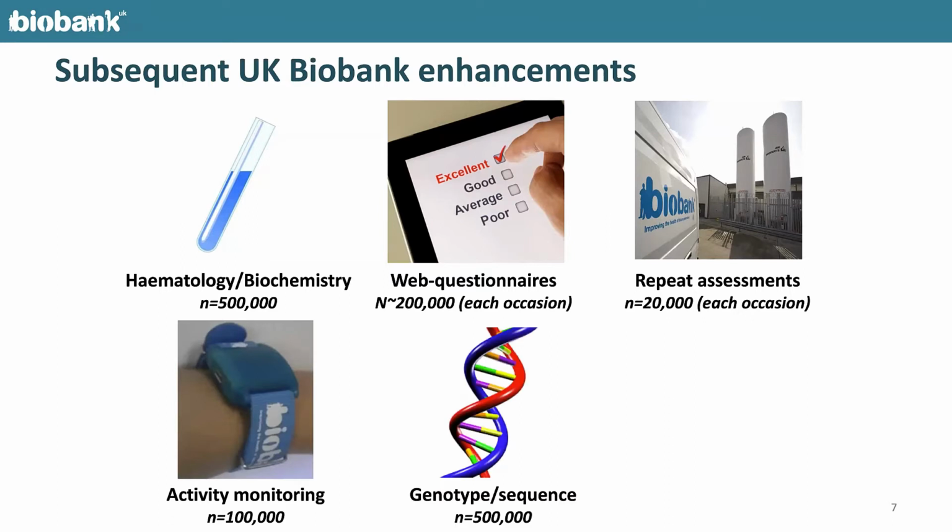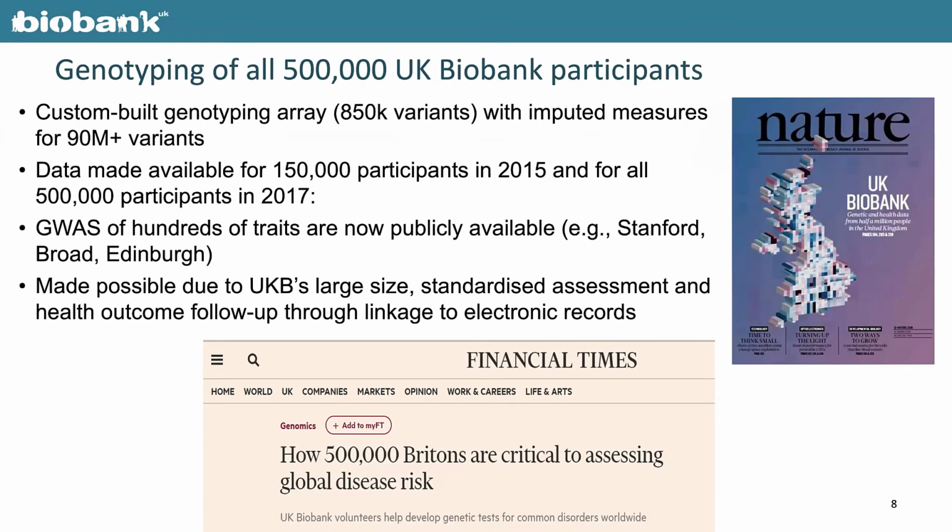And over the last 2 or 3 years, there's been a lot of focus on the genetic characterization of the resource and adding genotype and sequencing data. That started with genotyping of all 500,000 biobank participants, which was done after we undertook DNA extraction from one of the buffy coat samples that participants had provided.